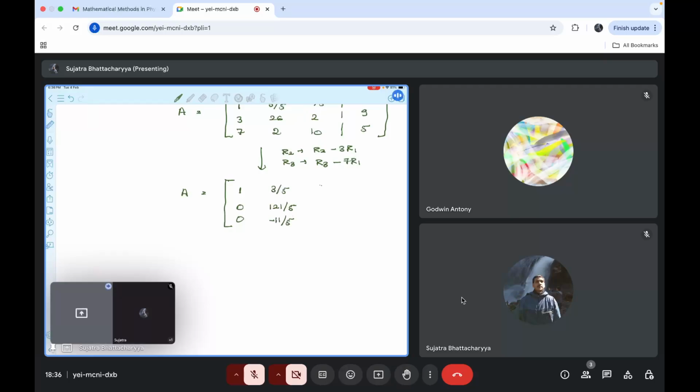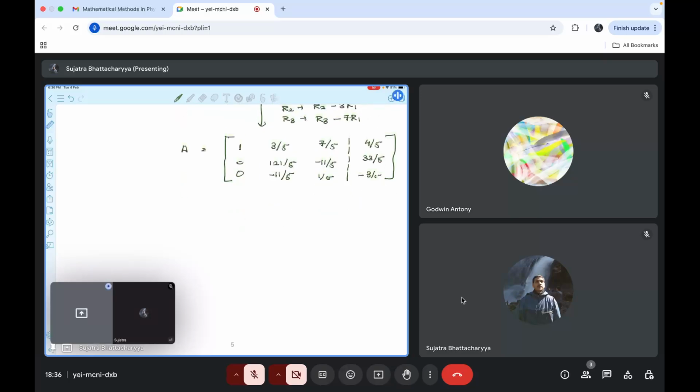And finally, 7 by 5, minus 11 by 5, and 1 by 5. And the augmented part is 4 by 5, 33 by 5, and minus 3 by 5. All right, so this is after the second step of the operation.